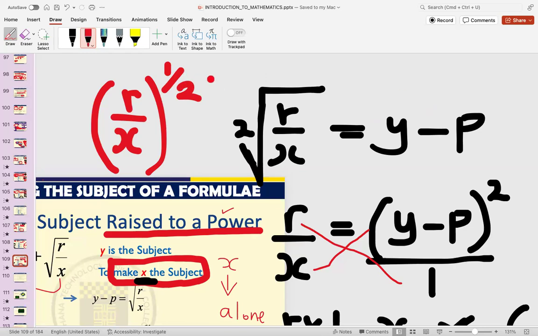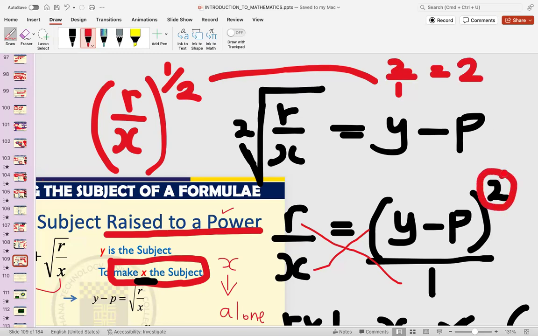And whenever a power crosses, the moment it gets here, the 2 will come up and the 1 will come down. That is a rule. So if 2 comes up and 1 comes down, 2 divided by 1 will become 2. And that's the 2 you are seeing here. But I was making it simple for you that anytime a square root sign crosses the equal sign, it becomes a square. That one is easier to remember.